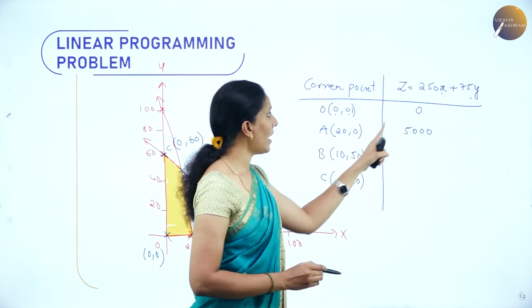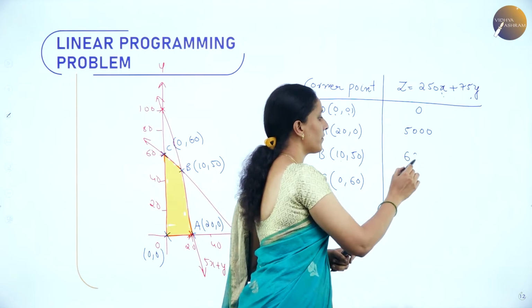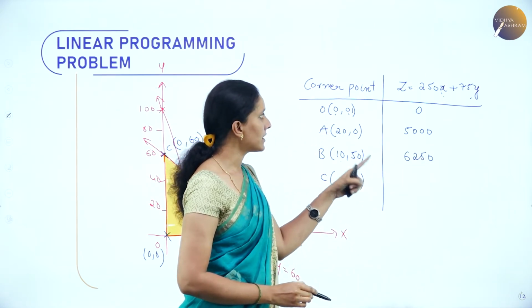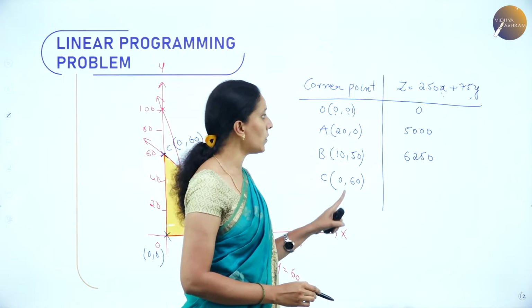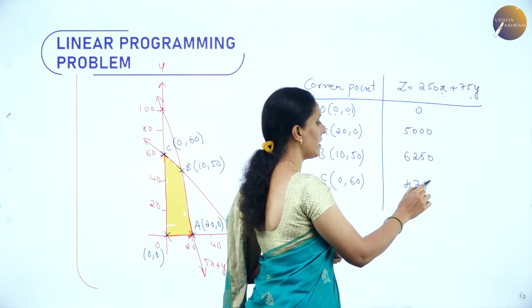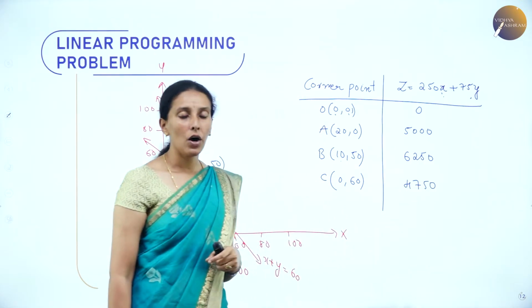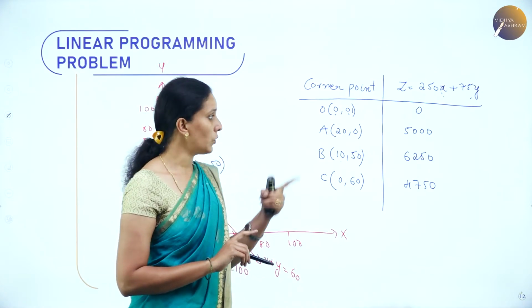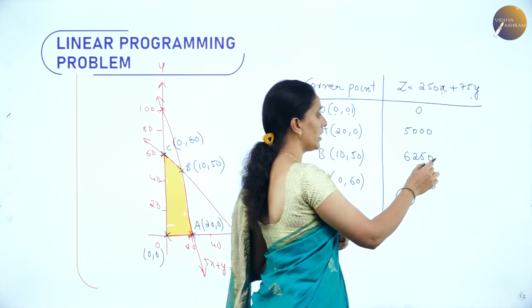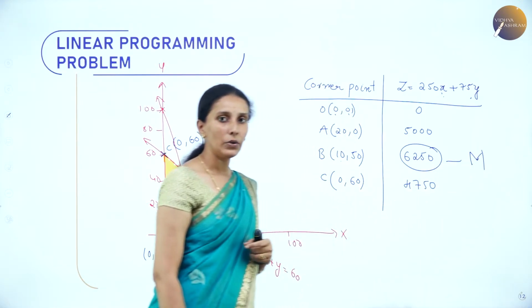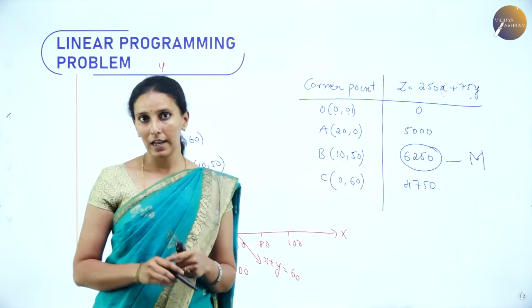Next, put 10 and 50, you will get the value of 6250. Next, you have 0 into 60, x becomes completely 0, and 75 into 60 gives 4750. So now, what is my aim? My aim is to find the maximum value. Which is the maximum value? Here, this will be your maximum value. The maximum value is represented using the capital M.